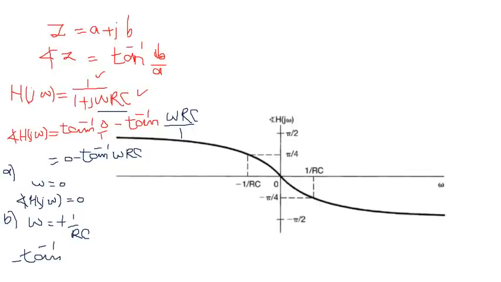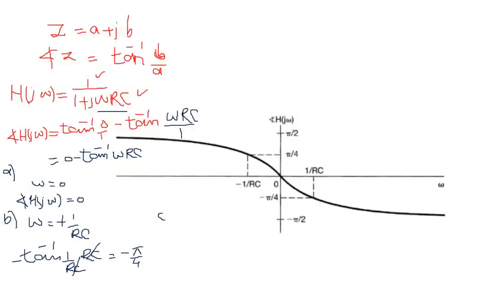Tan inverse of 1 is basically how much? Pi by 4. Minus is already there, so it will be minus pi by 4.